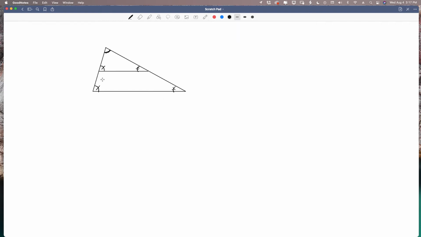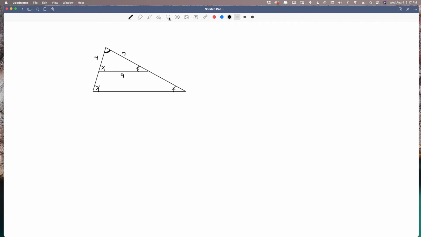So we are going to look at the dimensions of this triangle here. We're told this is 4, this is 7, and this is 9. So that's our first triangle. Now, to make it easier to look at, we're going to separate the bigger triangle out.